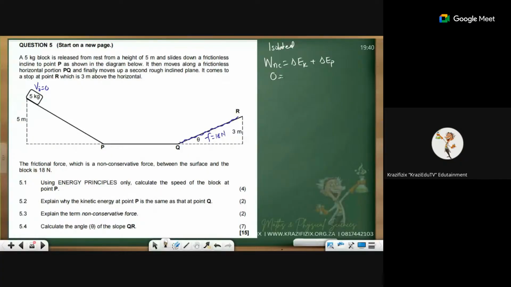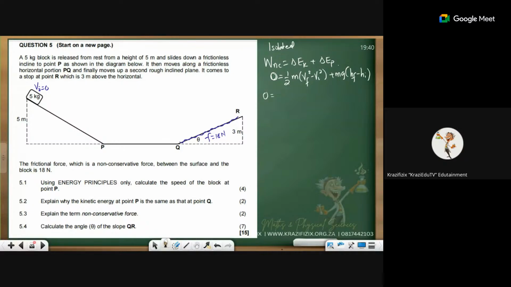This is actually mechanical energy at the top. I actually proved it one day that the mechanical energy at the top equals half m vf squared minus vi squared, plus m g, h final minus h initial.